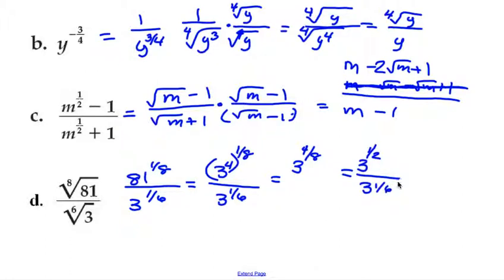Now, before, when we talked about when you divide, you subtract exponents. And if you take 1/2 as my exponent and subtract 1/6, you get 2/6, which is 1/3. So it should be 3 to the 1/3, and that can be rewritten as cube root of 3.